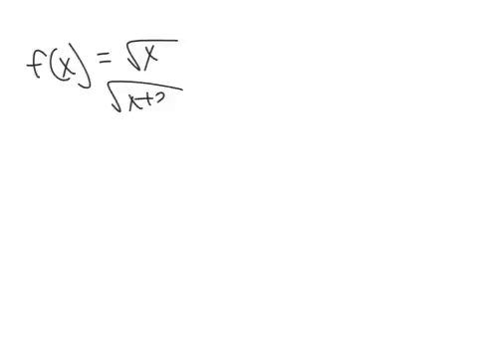If we have a square root function, let's say that we have f of x, and that equals the square root of something. And it could be the square root of x. It could be the square root of x plus 2, or the square root of x, plus 2, like that, where the 2 is not under the square root sign. You get a picture that looks like that.